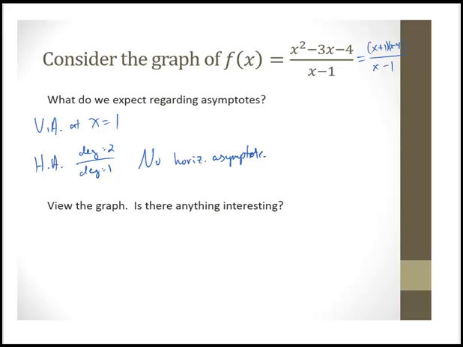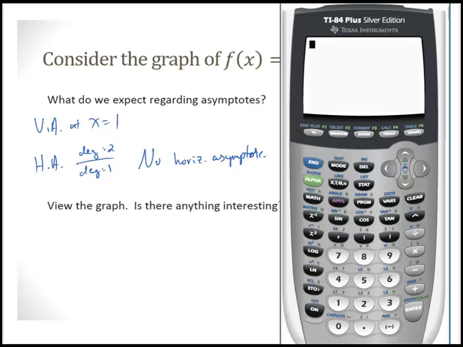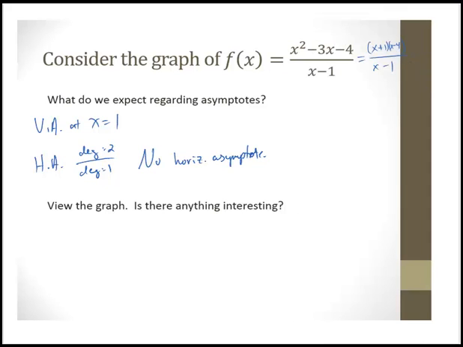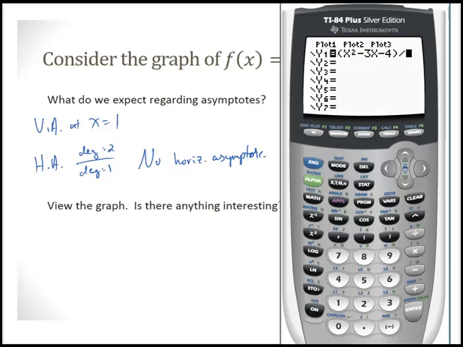All right, so now I'm going to graph this function on the calculator and see what happens. So x squared minus 3x minus 4, and we're dividing that by x minus 1. Let me graph this.